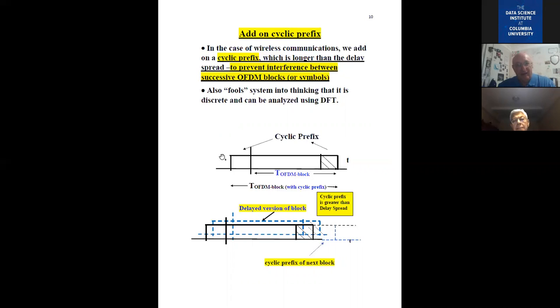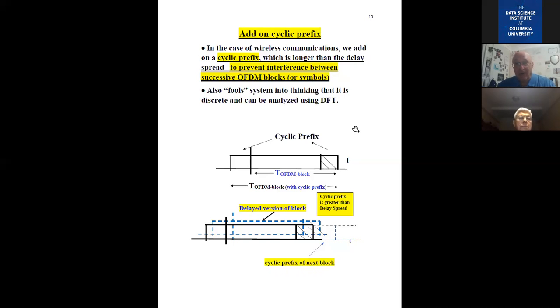So if there's any delay spread, the delay spread doesn't end up in this block over here. And then it turns out we have to fill up this buffer to fool the whole system into thinking that it's a discrete system. And we fill this up essentially with the end of this OFDM block. And this is the so-called cyclic prefix, which allows us, first of all, to put a buffer in, and also allows us to use FFTs and DFTs on both sides.